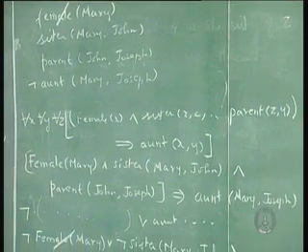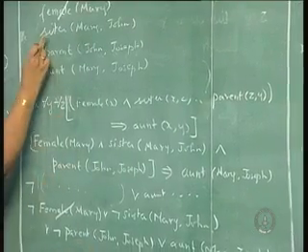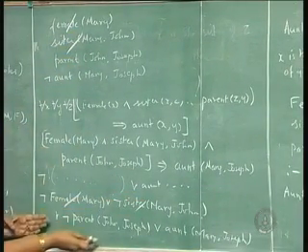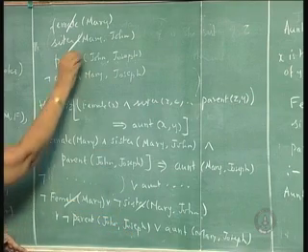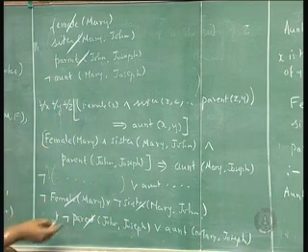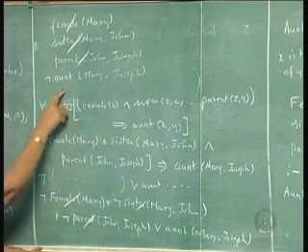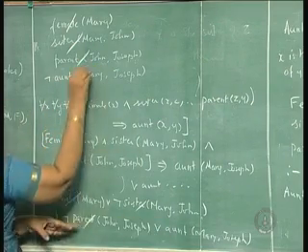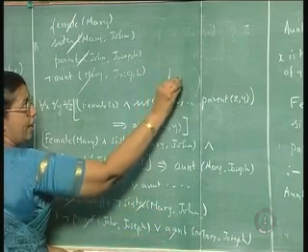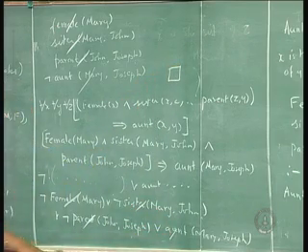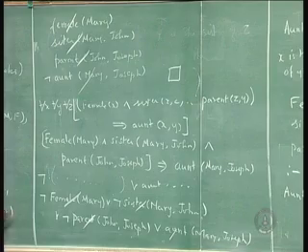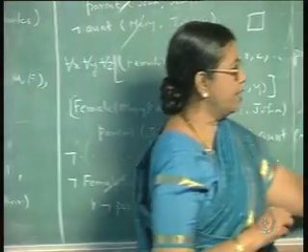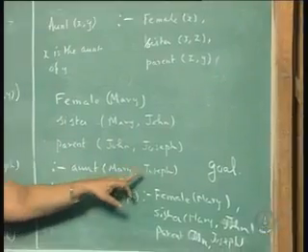Then when you resolve this with the second one, this will get cancelled and you will have these 2. Then when you resolve this with the third one, this will get cancelled and you end up with this, but you have taken the negation of that. So, when you resolve this, it will get cancelled and you will end up with the empty clause. Okay. So, you conclude that Mary is the aunt of Joseph, or you derive this conclusion, aunt Mary Joseph.